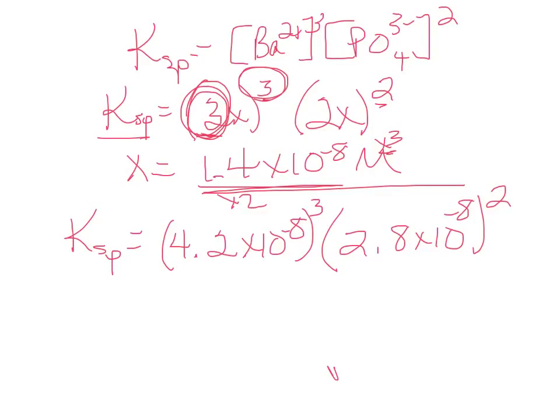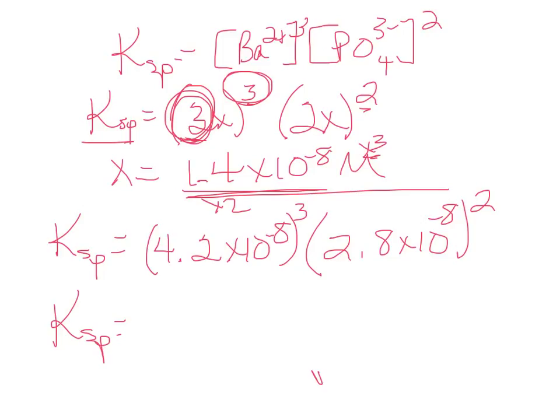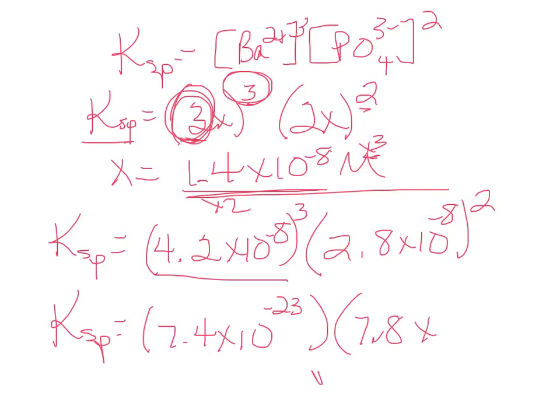All right, so this really isn't a hard problem. There's just a lot of places to make an error. So let me go ahead and crunch it into my calculator and hope and pray that I get the answer on the answer key. So 4.2 times 10 to the minus 8 cubed is 7.4 times 10 to the minus 23. Wowee. Okay, and 2.8 times 10 to the minus 8 squared is 7.8 times 10 to the minus 16.